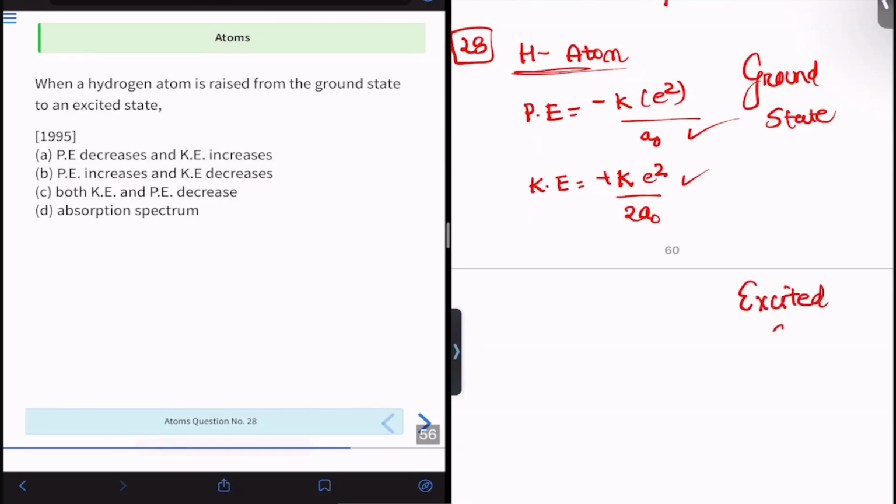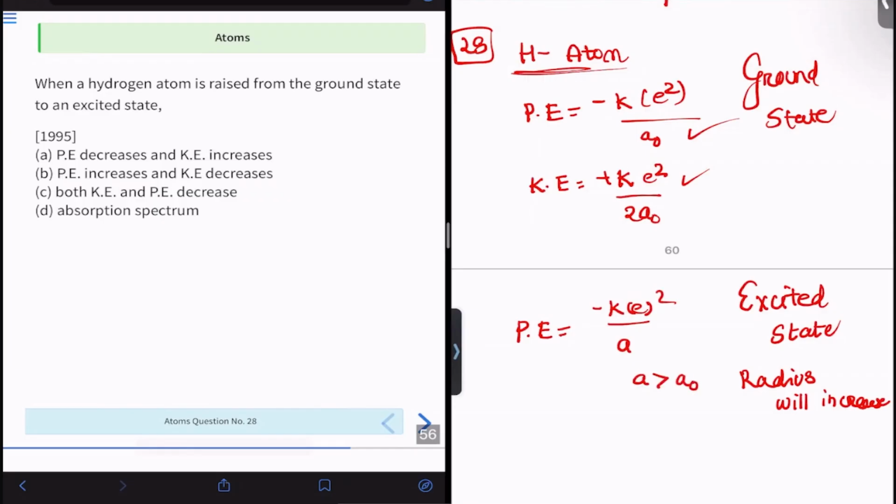In an excited state, what will happen? The radius will increase. And if the radius is increasing, the potential energy will be even more negative in formula terms: K e square upon a, where the value of a is more than a naught.